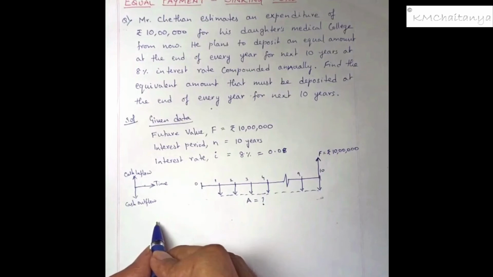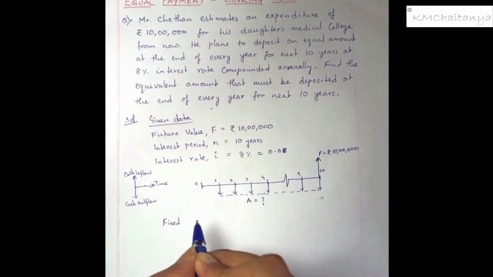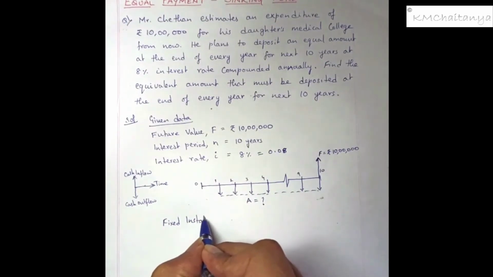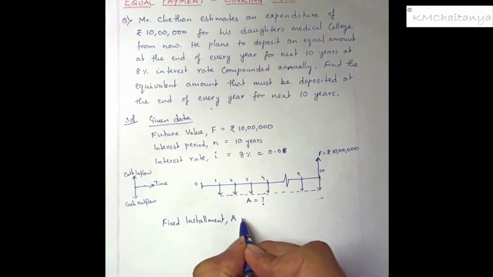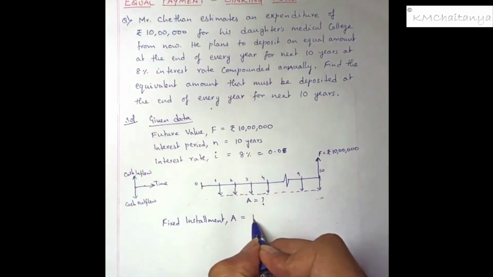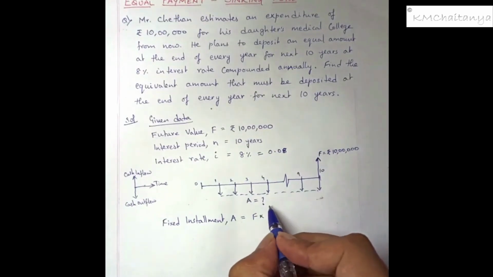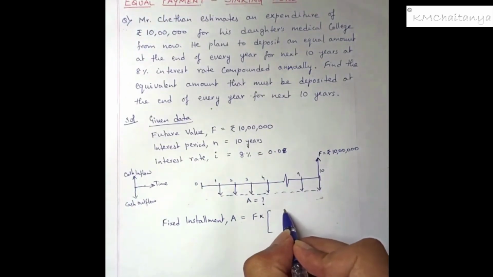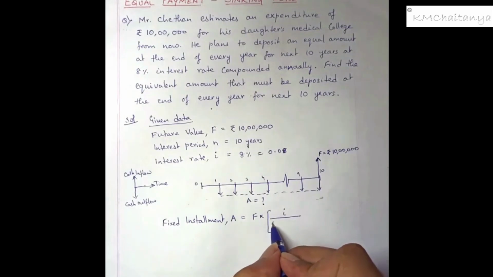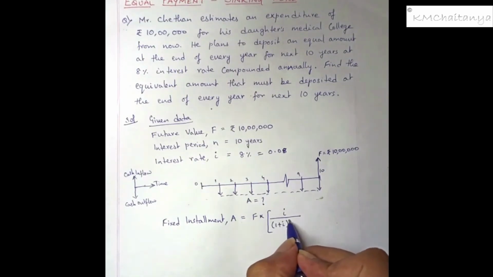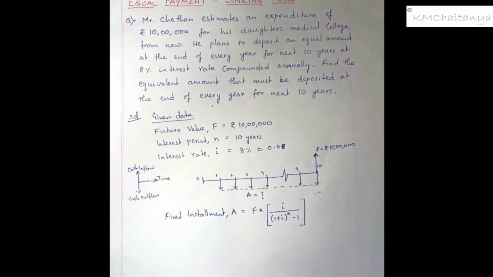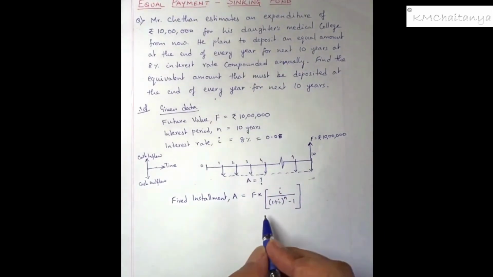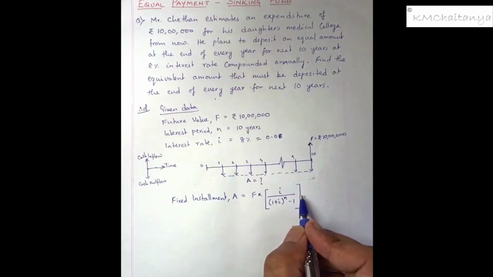So we have the equation to determine the fixed installment, which is the annuity, is equal to future sum multiplied by I divided by 1 plus I to the power of n minus 1. So I'll substitute the values for this particular equation.